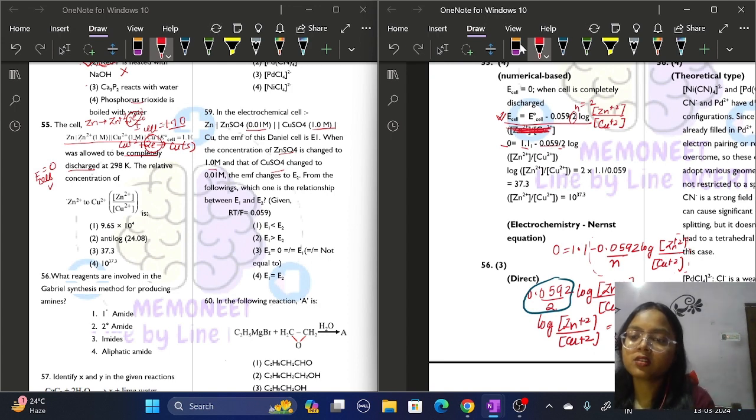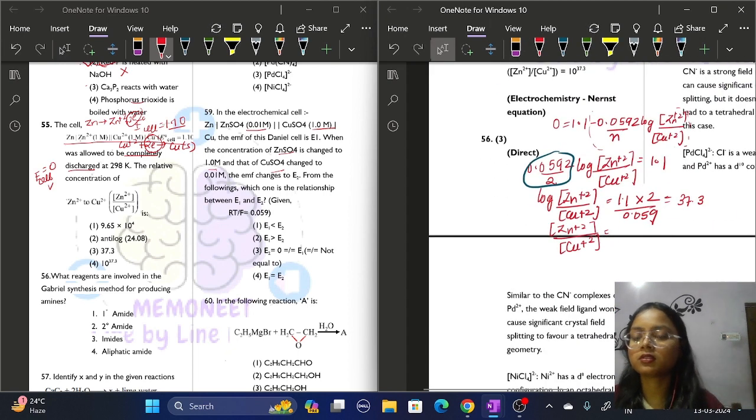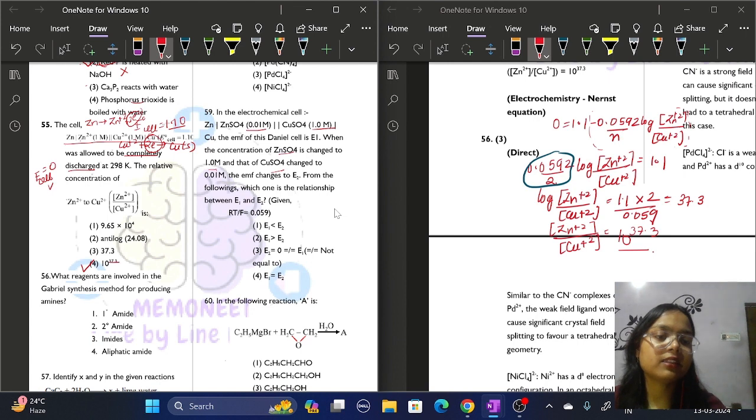Okay, so on solving this, we will get 37.3, and upon transferring the log towards the right side of the equation, we will get 10 raised to power 37.3. Or we can say that it is the anti-log. So according to this, the answer will be 10 to the power 37.3.